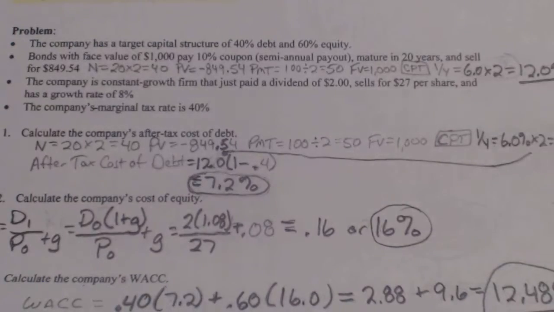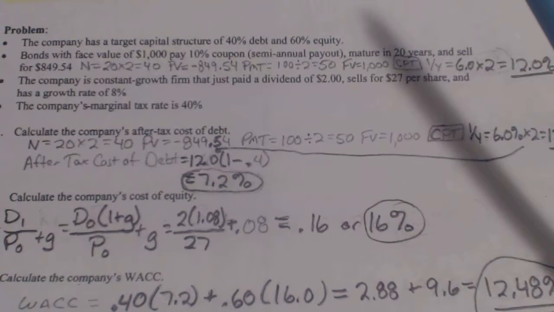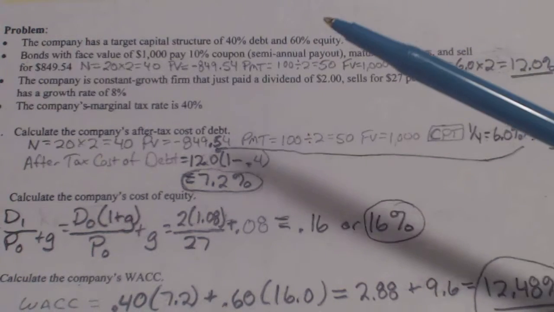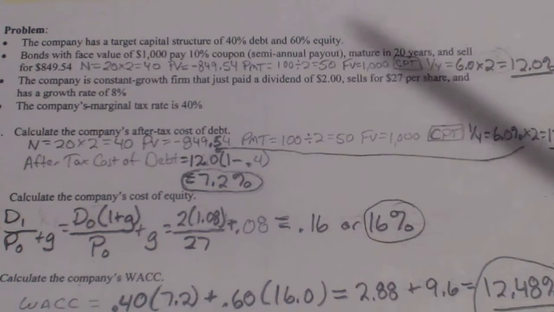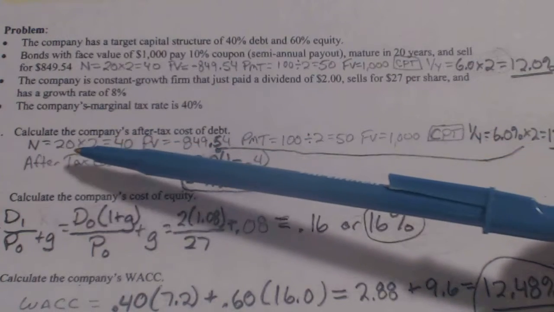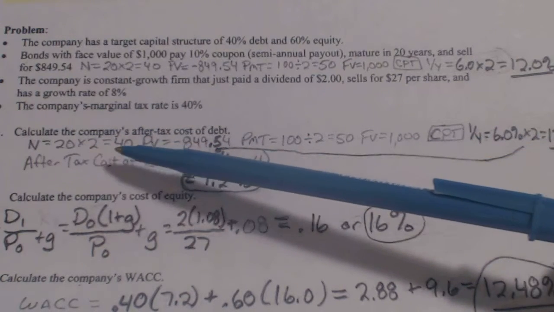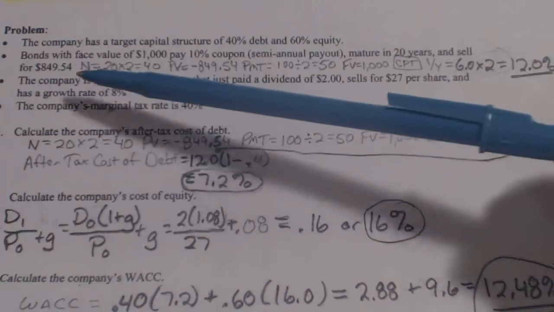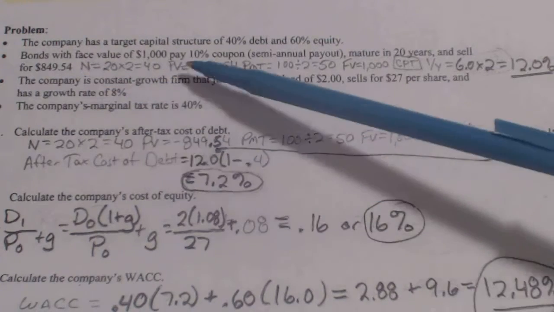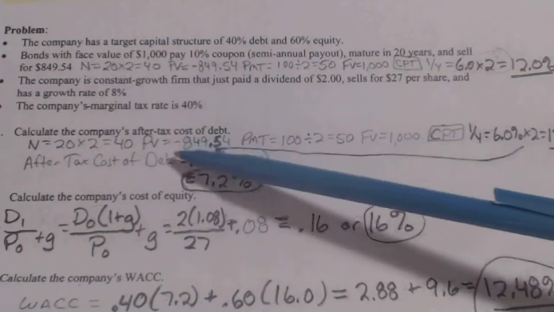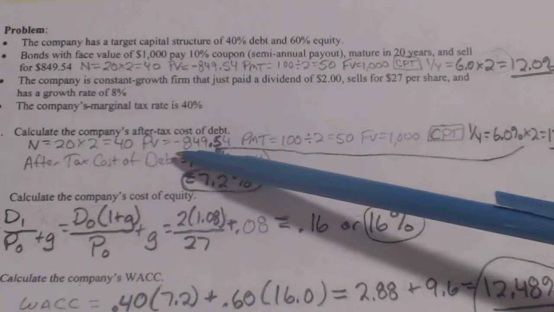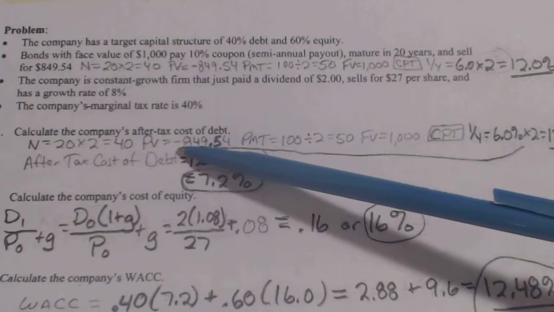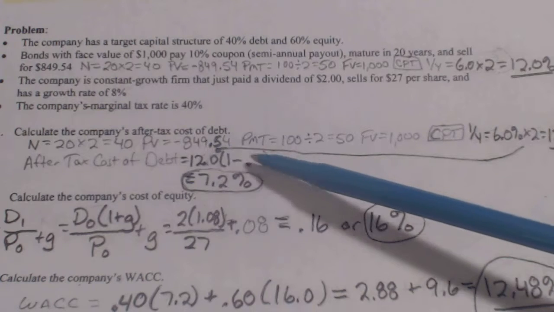So what you do first is you've got to figure out the RD. The RD of the bond is simply the I/Y, right? So you take N, since it's semi-annual, 20 years times 2 is 40. The present value they tell you is 849.54. And these calculations are the same up here as they are down here. I just did them up there first. Make that a negative number for the PV.